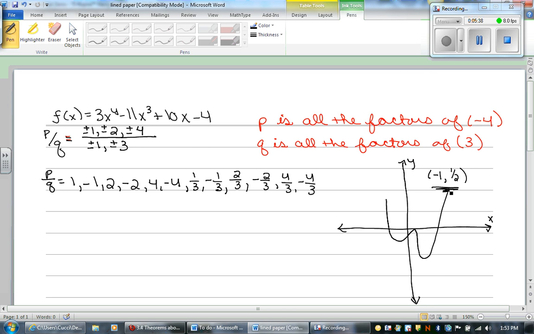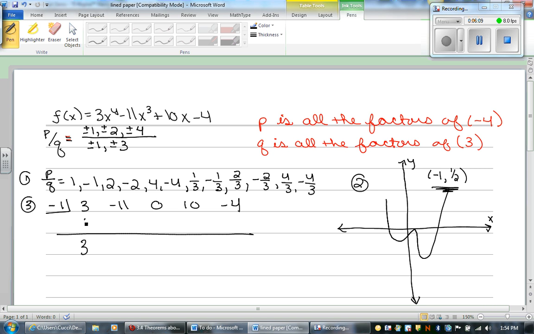So I'm going to start by testing these ones. Remember, the way we like to test is by using synthetic division. We're going to start with the value of negative 1. Here's the first step, second step, third step. Again, we have our coefficients: 3, negative 11, 0 as a placeholder for my x squared, 10, and negative 4.